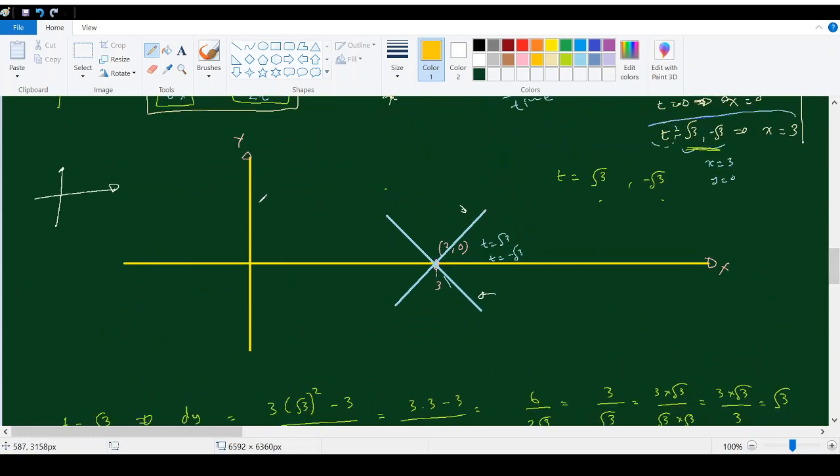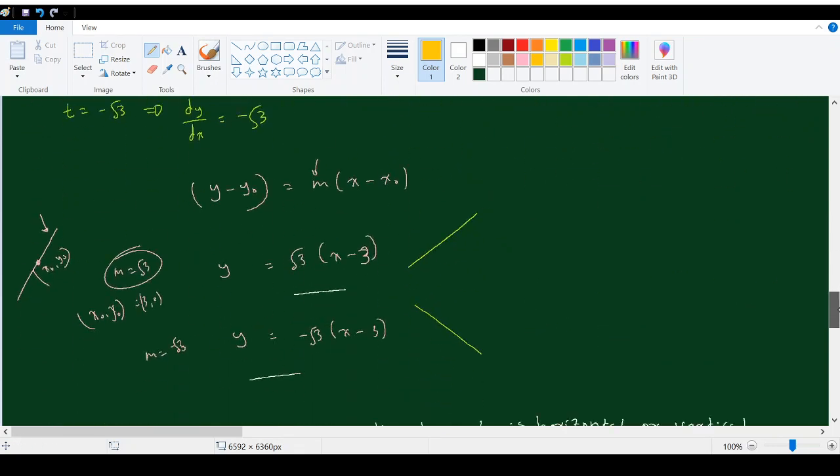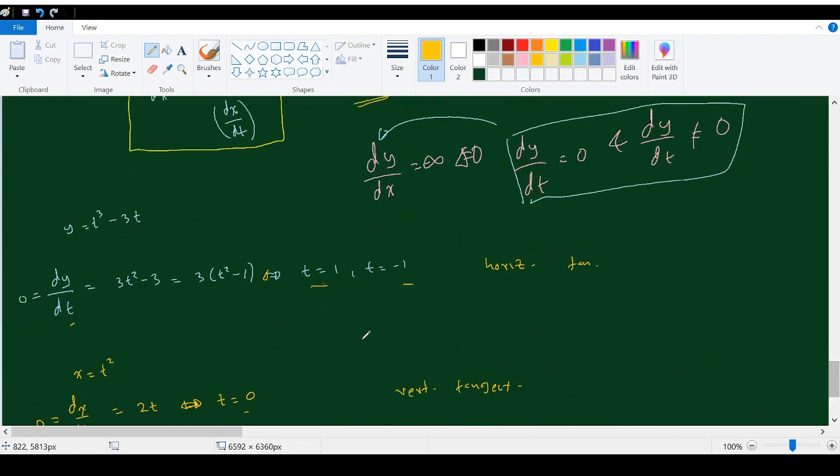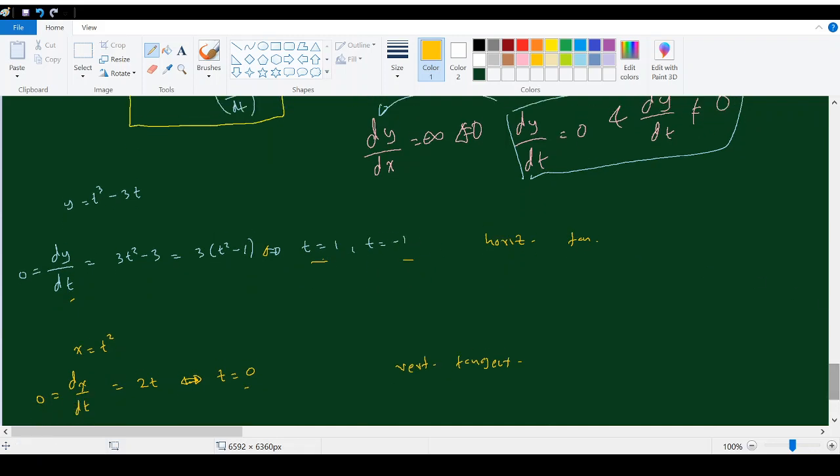In order to interpret a horizontal line or a tangent, first of all we need to figure out the corresponding x and y values where this horizontal line exists, right? That means we need to figure out the corresponding x and y values for t equals 1 and for t equals negative 1, right?